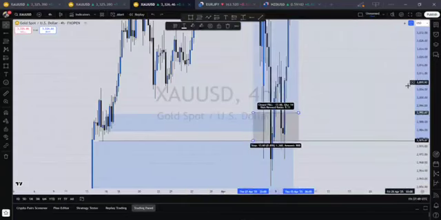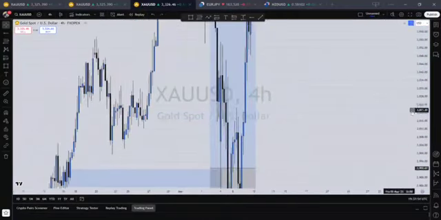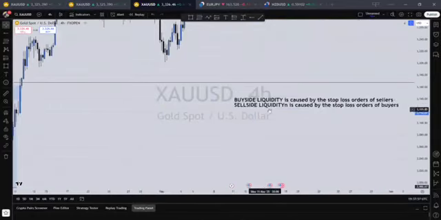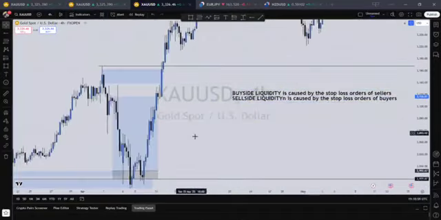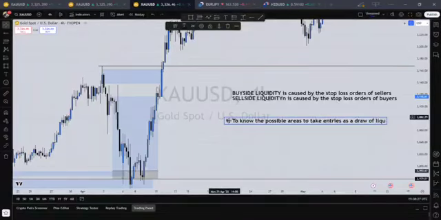Liquidity was taken first. So now, having this understanding, we can tell the major reasons why you should study liquidity. Number one, to know the possible areas to take entries after a draw of liquidity.